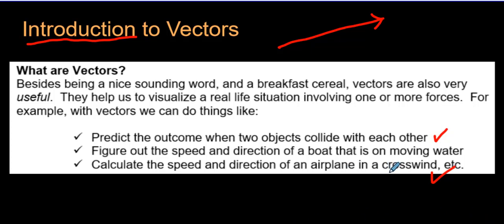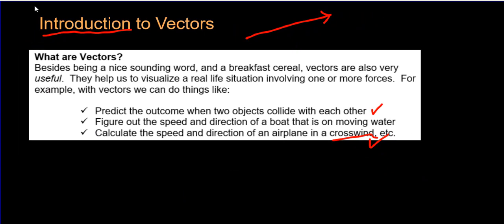And I'm not sure if that has something to do with crosswinds or winds that are happening up in the sky. But anyway, vectors can help us with stuff like that too. People that do engineering, those kinds of folks, they deal with vectors all the time.